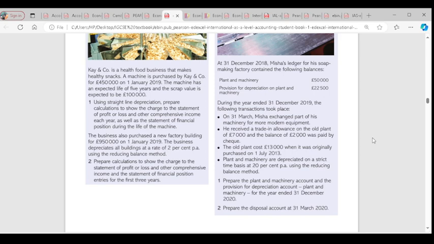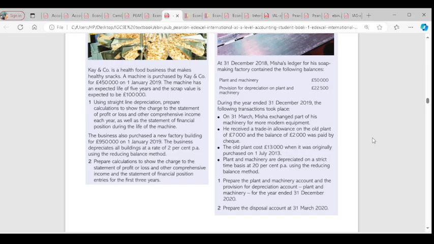Multiply by 20 divided by 100. That's 7,360. So we have our value for depreciation.